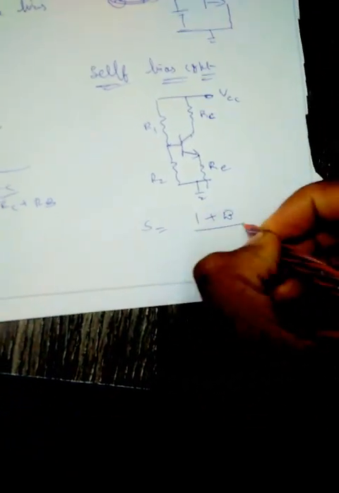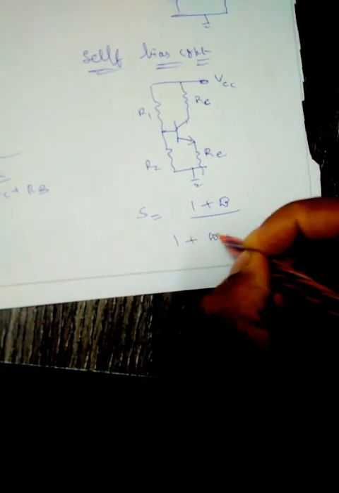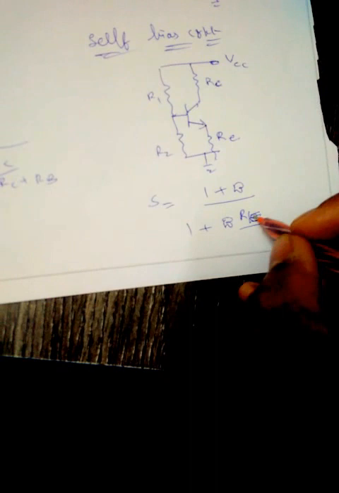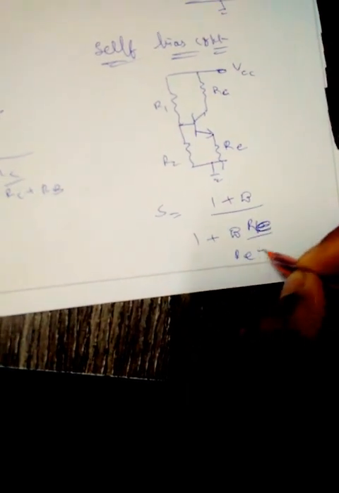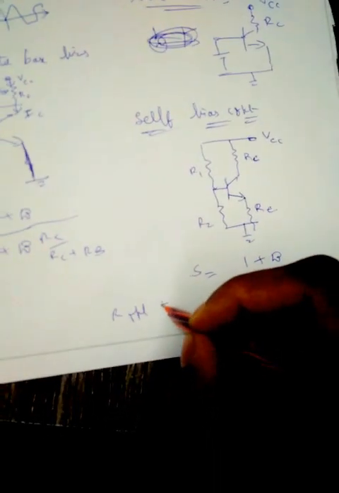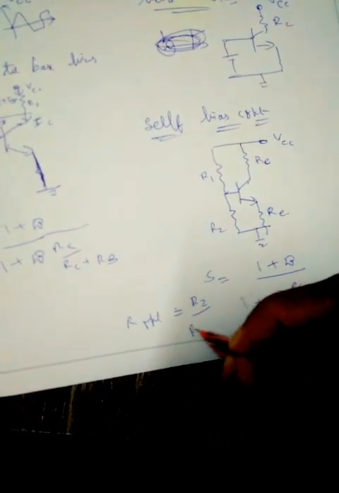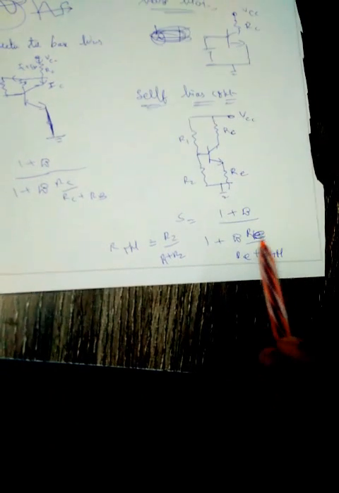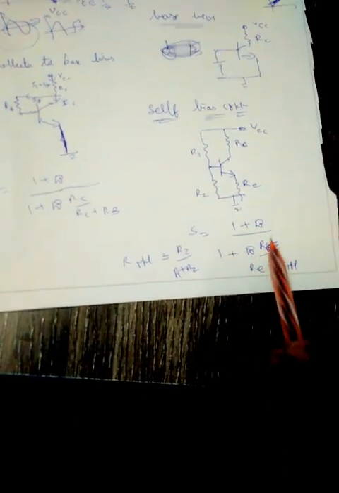The stability factor is given by S equal to 1 plus beta by 1 plus beta into RE by RE plus RTH, where RTH is the Thevenin equivalent resistance looking into the base, and it is equal to R1 R2 by R1 plus R2. So we can observe that the collector to base bias stability factor and the self bias stability factor are the same.